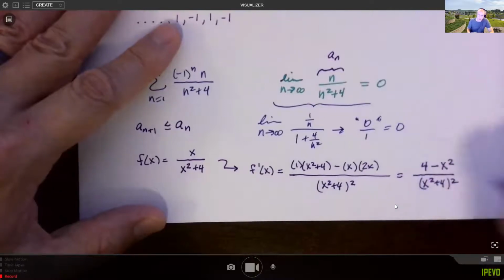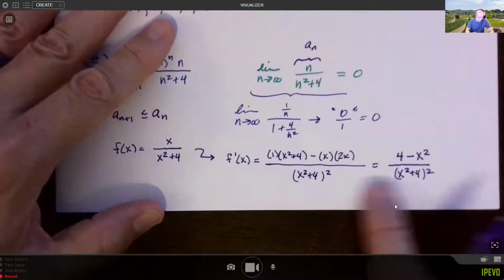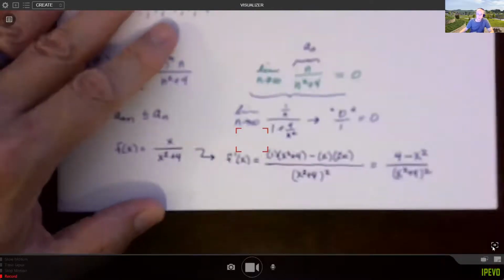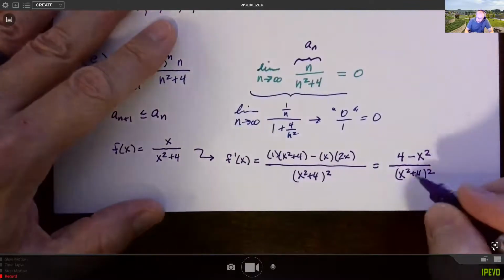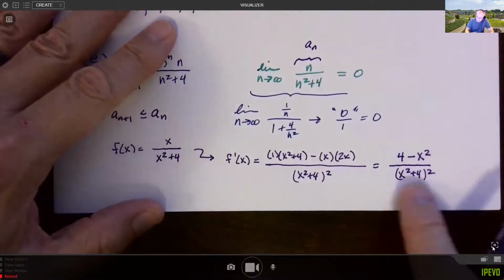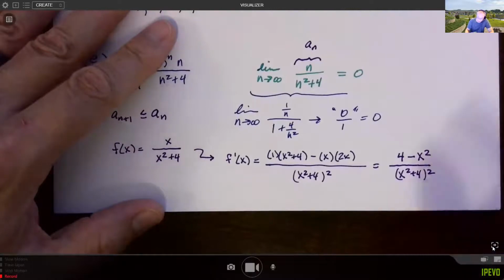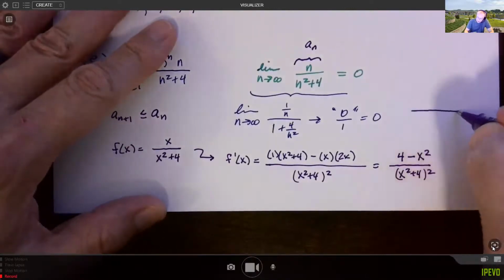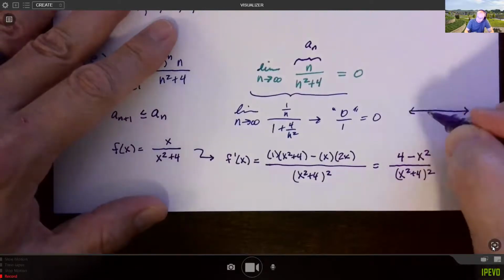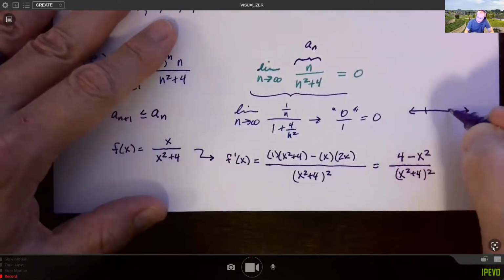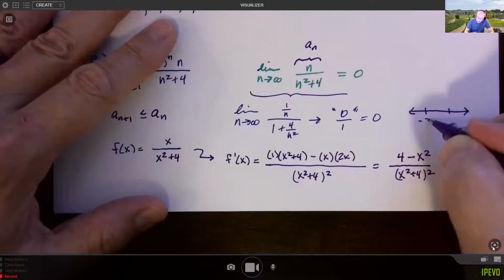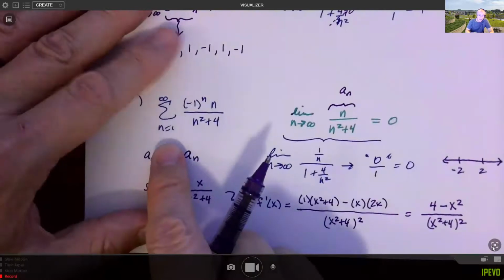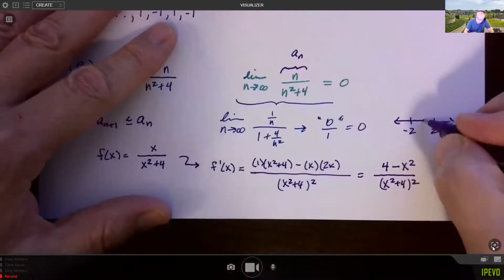Now, take a look at this function, the derivative now. When is the derivative positive and when is it negative? Well, the denominator is always positive, right? X squared plus 4 is always a positive number. And when I square that, of course, it's still going to be positive. But 4 minus x squared, if I were to look at a sign check of just that part, we know at both -2 and 2, it's 0. We're not really interested in negative numbers since we're starting with n equal to 1.